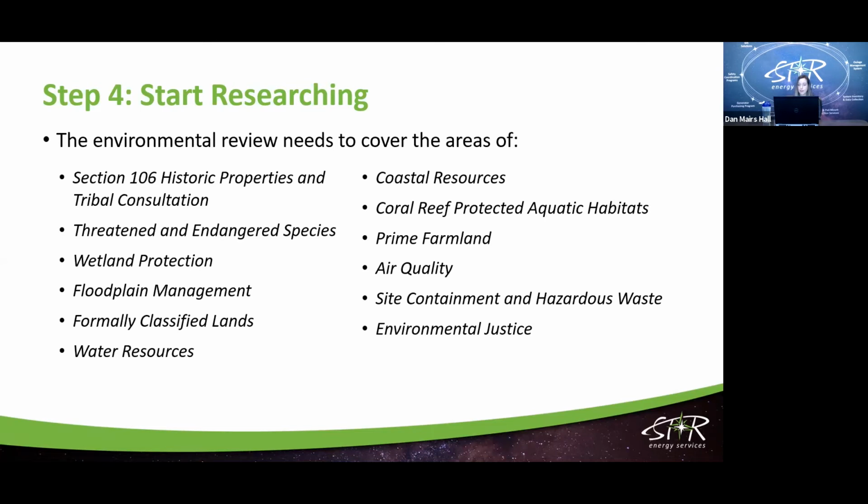Section 106, historic properties and tribal consultation, threatened and endangered species, wetland protection, floodplain management, formally classified lands, water resources, coastal resources, coral reef, protected aquatic habitats, which usually is not an issue around here, but still part of it. Prime farmland, air quality, site containment and hazardous waste, and environmental justice.